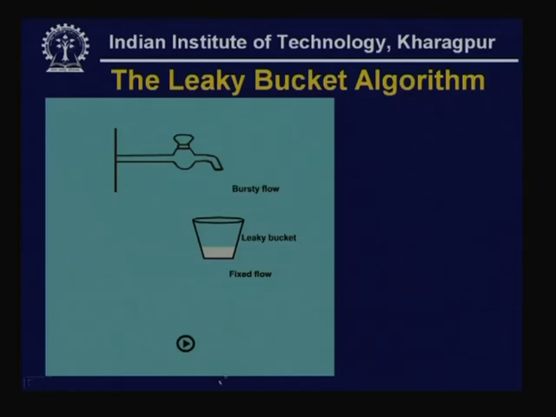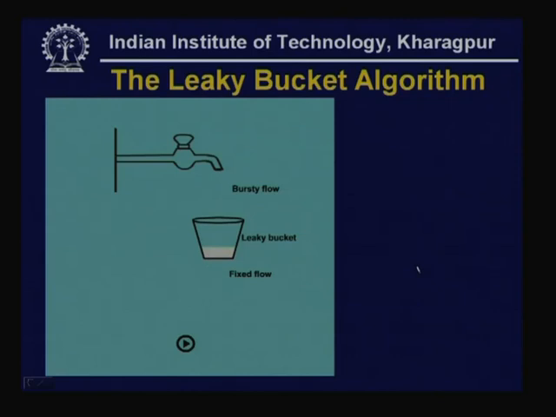Let us see how it is being done. So, here is the basic philosophy. You can see here a bucket is getting filled up, and here you have some kind of bursty flow, but the output is a fixed flow. And whenever the bucket gets filled up, it spills over, leading to what is known as packet discarding.